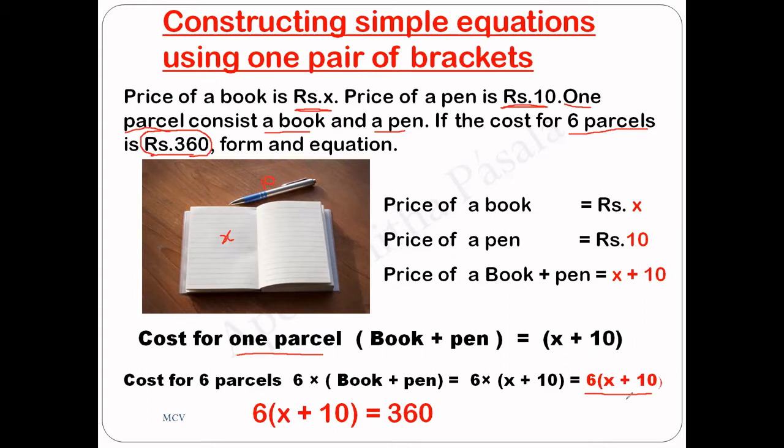This part is in the right because both represent cost of 6 parcels. 360 is also the cost of 6 parcels. This 6 times X plus 10 is also the cost of 6 parcels. Then both represent the same thing. If both represent the same thing, you can combine that using an equation sign.